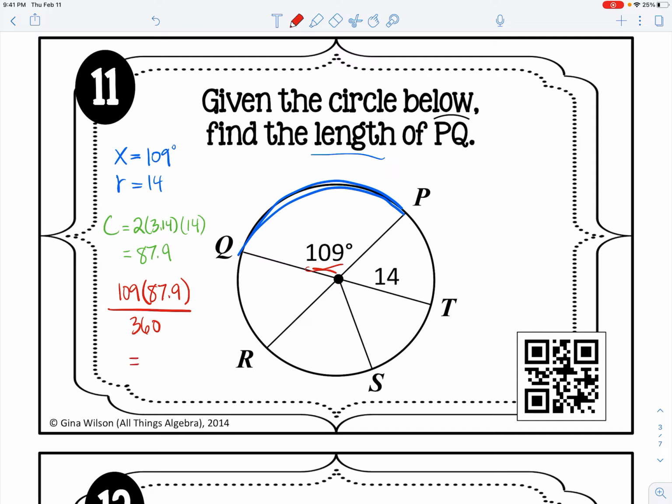Plug it into the calculator, and I get 26.6, or about 27. Not degrees, 26.6 is just our units. So 26.6 for the first one.